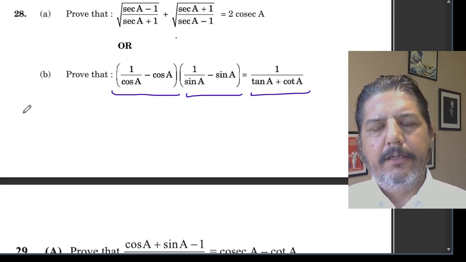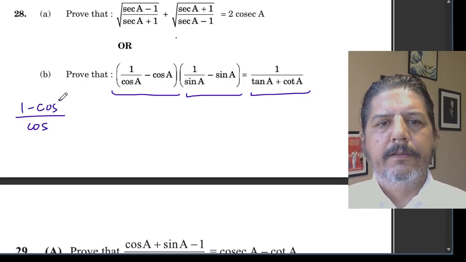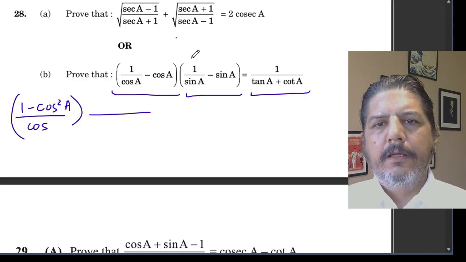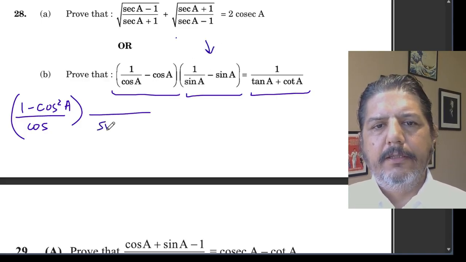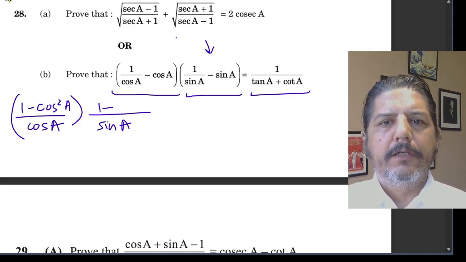If I look at the LHS, for the first term, the LCM is cos⁴A. So this will be 1 minus cos²A multiplied by the second term. Again, sin⁴A is the LCM. So this will be 1 minus sin²A.